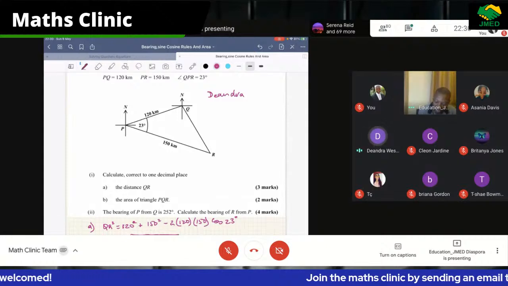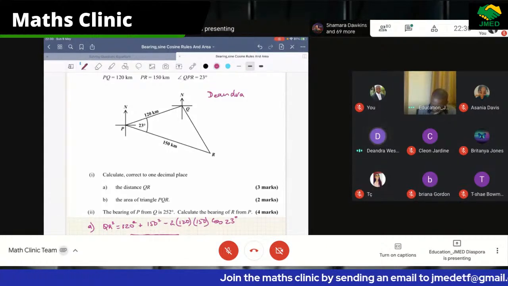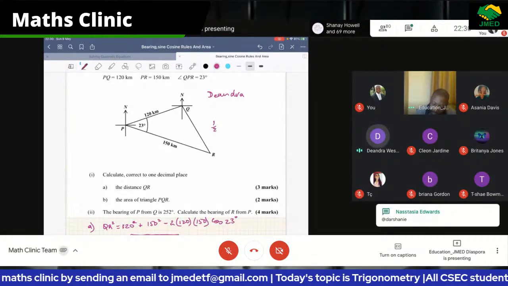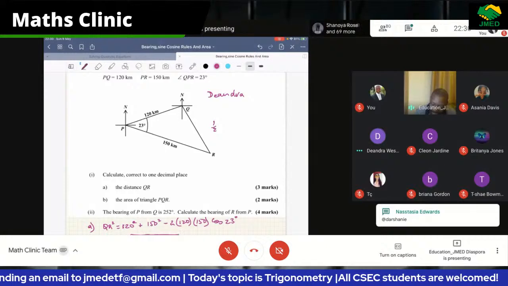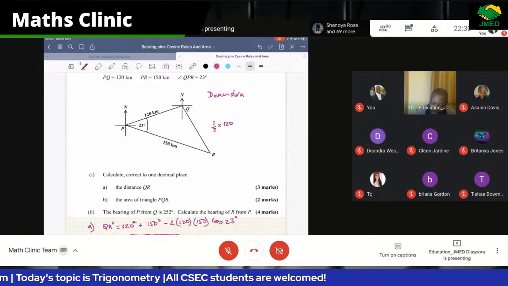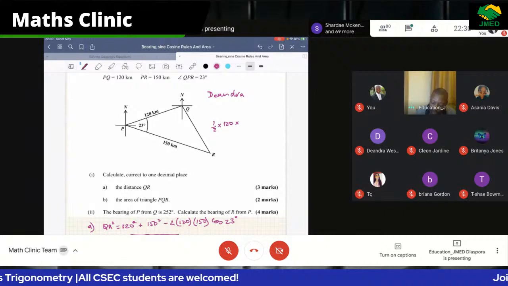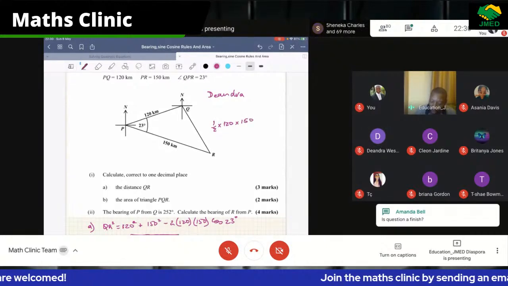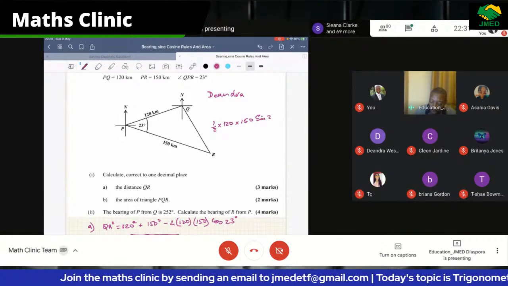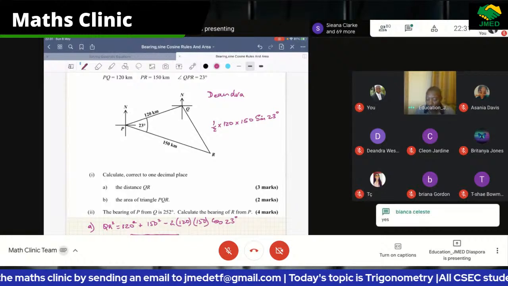So PQR. We would use half times A times B times sine C because this is not a right-angled triangle. Okay, good. So we're going to find half of 120 times 150, and we're going to do sine 23 degrees. What do we get there?